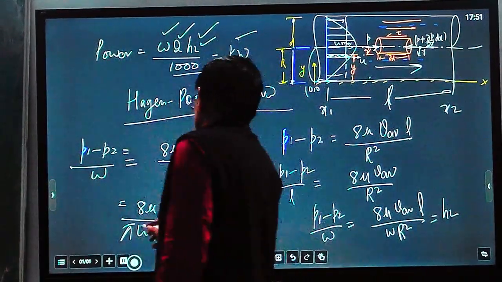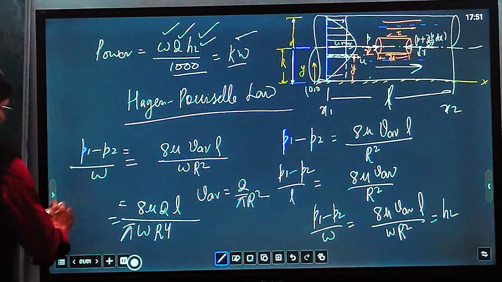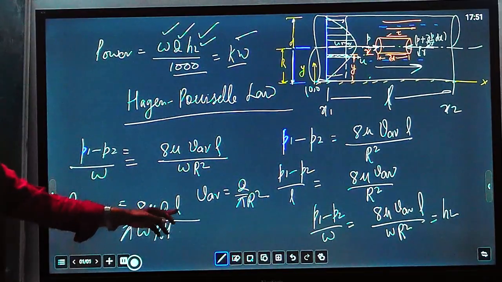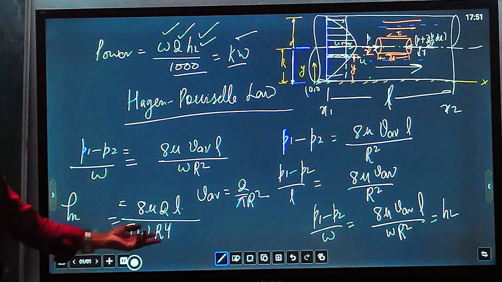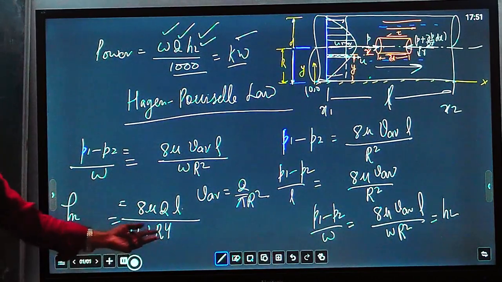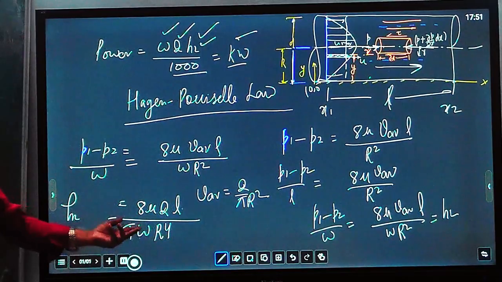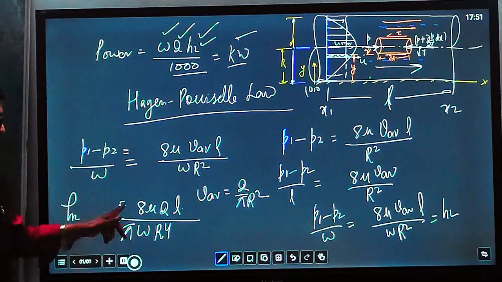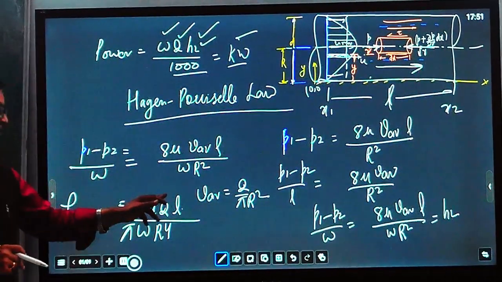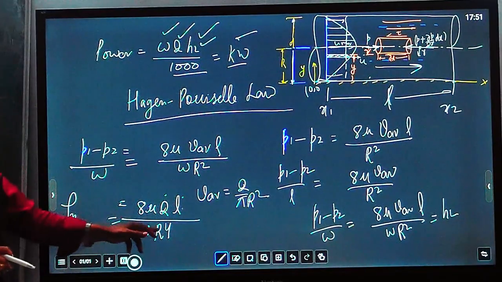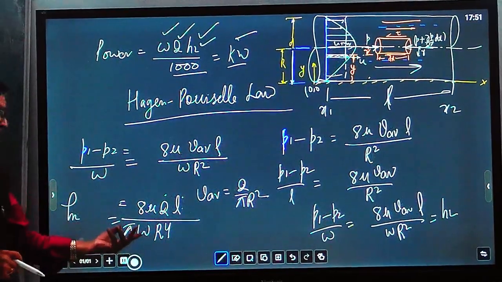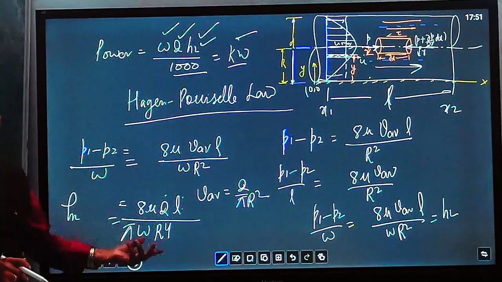So you see that head loss HL is proportional to discharge Q and length L, and inversely proportional to the radius, or to the diameter also, because the radius becomes d by 2, and the power remains the same. So HL, the total head loss, is proportional to viscosity, discharge rate and length of pipe, and inversely proportional to the radius or diameter of the pipe and to the specific weight of the fluid.